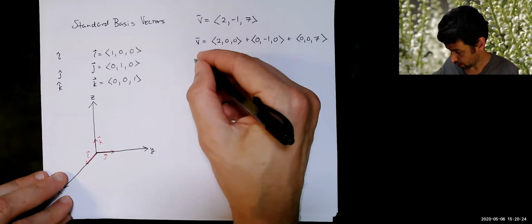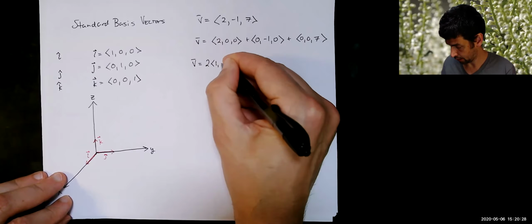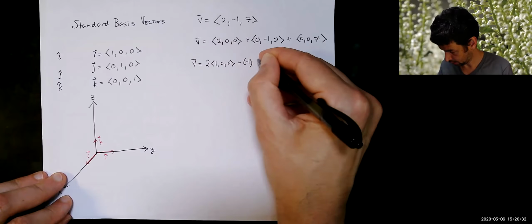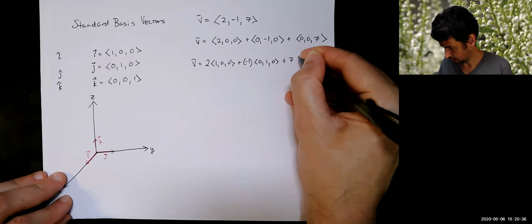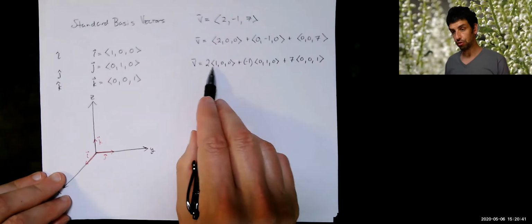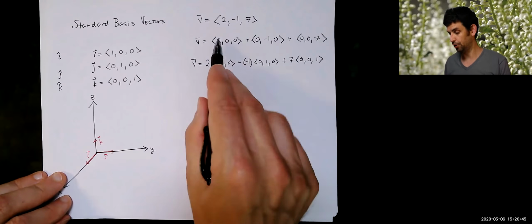Well, let's do one more move here. 2 times this vector, just multiply by the components, you get a 2, then 0, 0, you get this one.